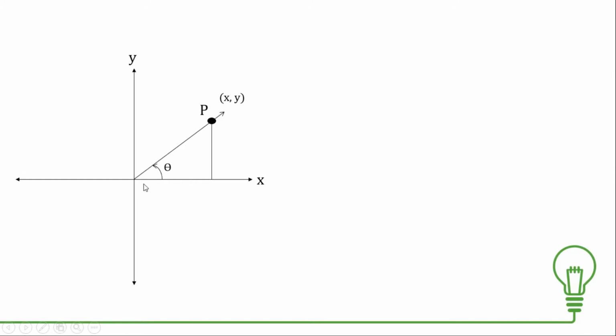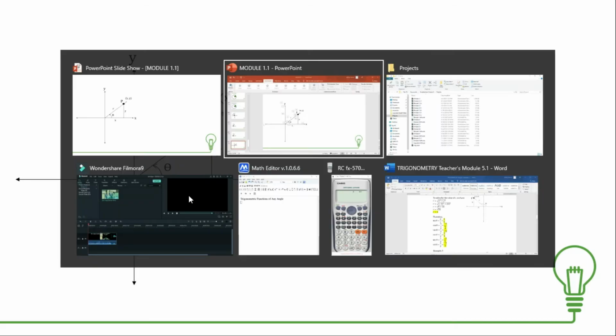The measure of this side of the right triangle is x, the abscissa, the length of this side is y, the ordinate, and the terminal side, which happens to be the hypotenuse of the right triangle, we name as r.